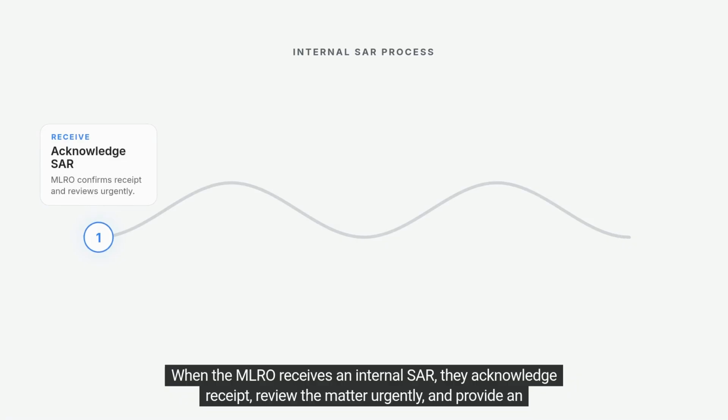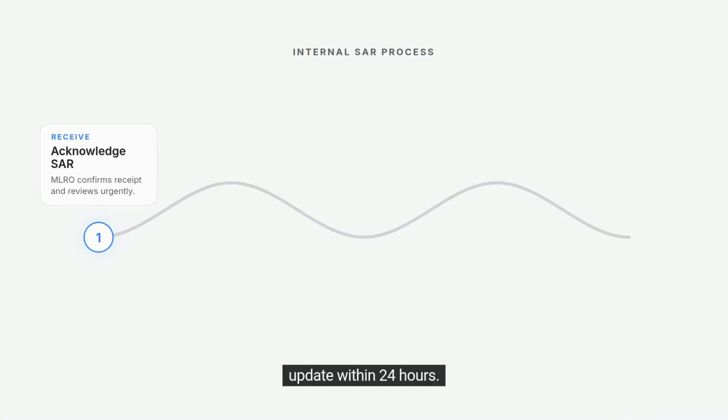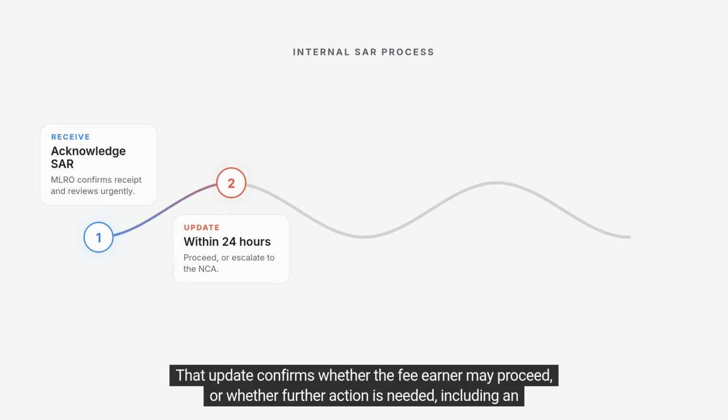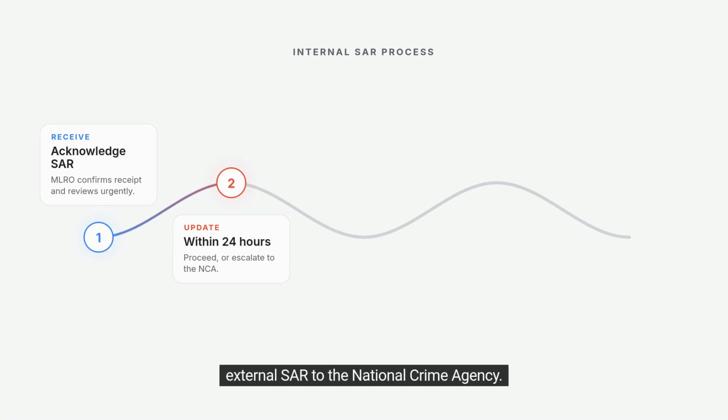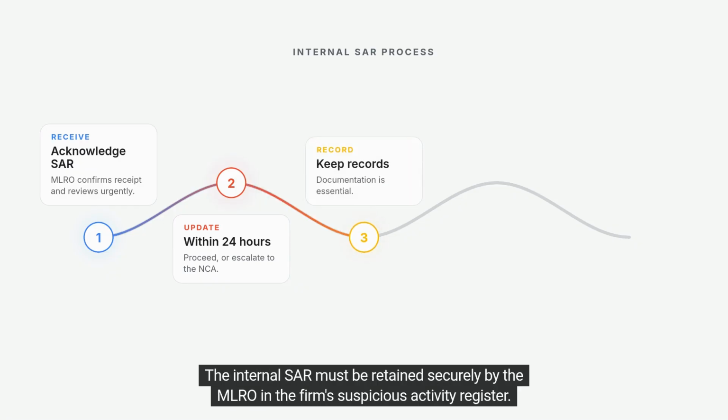When the MLRO receives an internal SAR, they acknowledge receipt, review the matter urgently, and provide an update within 24 hours. That update confirms whether the fee earner may proceed or whether further action is needed, including an external SAR to the National Crime Agency. Record keeping is just as important. The internal SAR must be retained securely by the MLRO in the firm's Suspicious Activity Register.